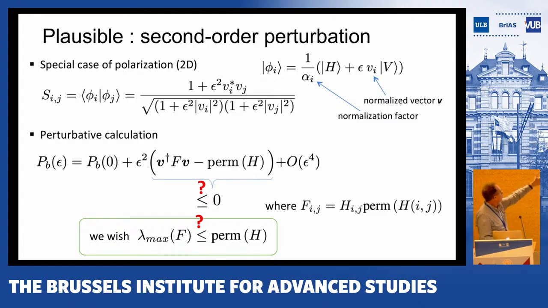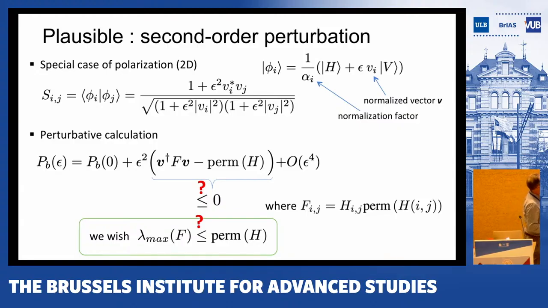So we have done it for a simple case where we only perturb the polarization, and we may compute explicitly the probability of bunching as a function of epsilon, the strength of the perturbation, and also depending on V. The vector V tells you precisely how we perturb the polarization.